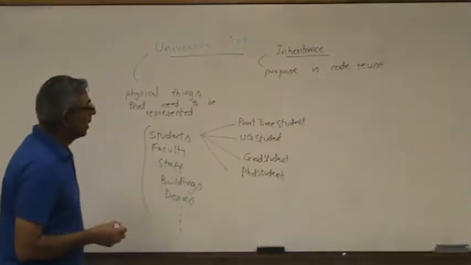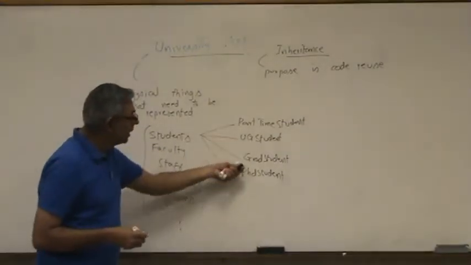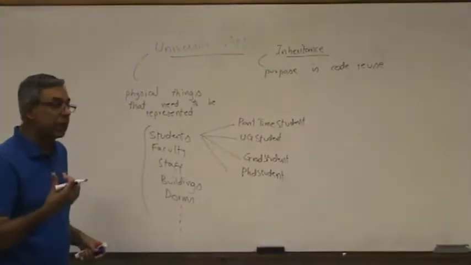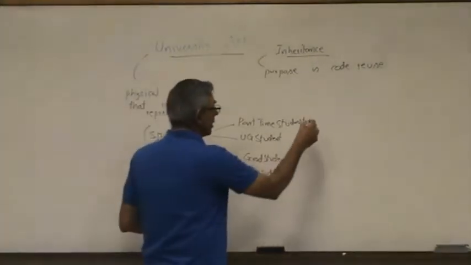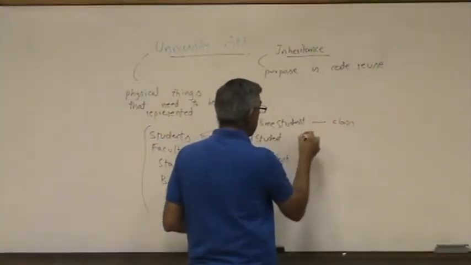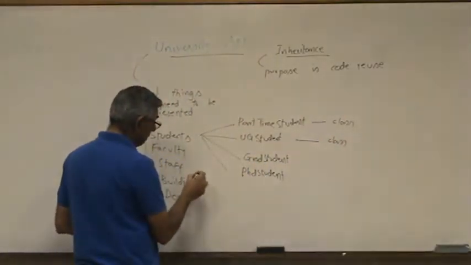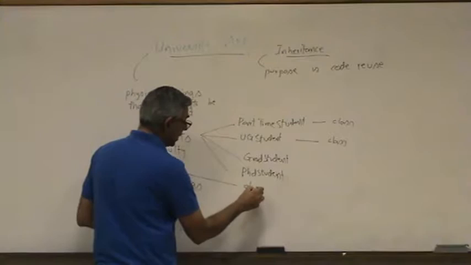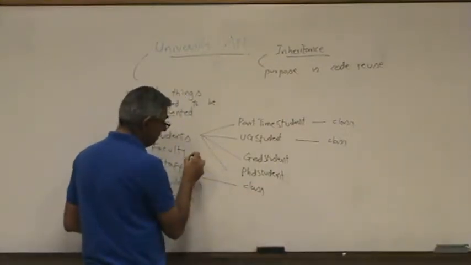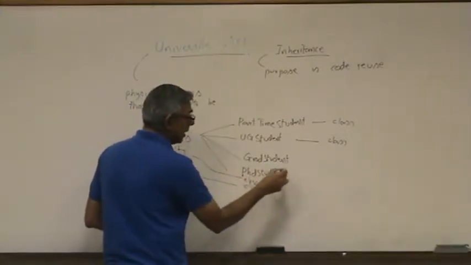Once we have identified the things that actually exist, we'll start creating a class over here, and another class over here. Same way we'll go to staff and create a class for a staff. For faculty, we'll create a class, right?